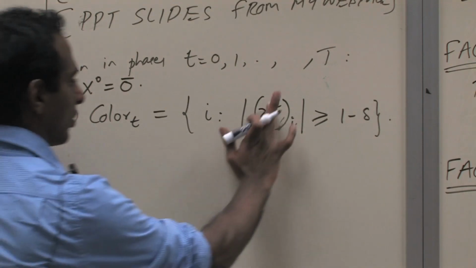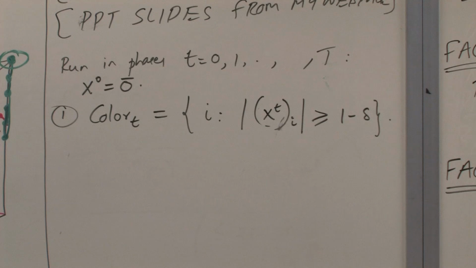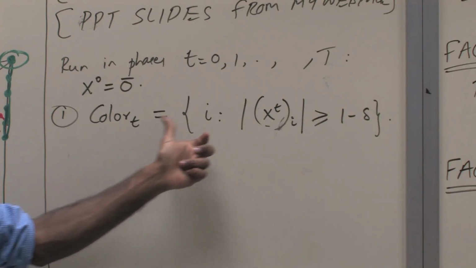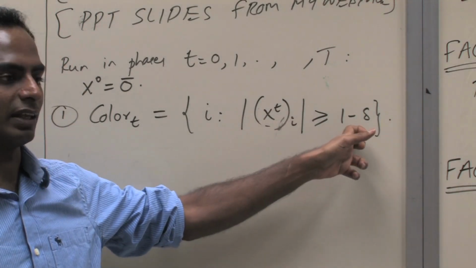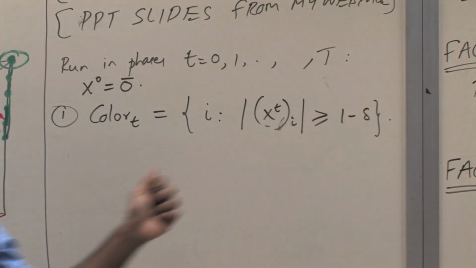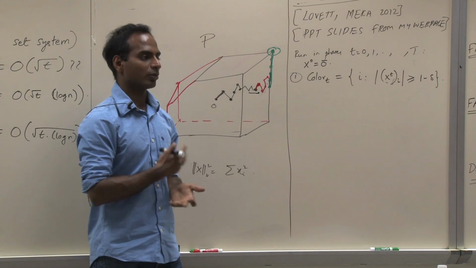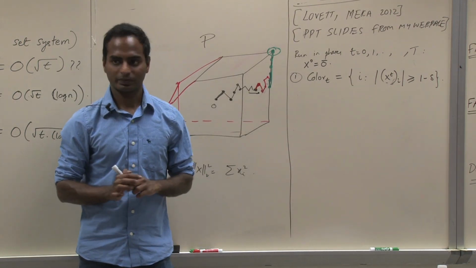You start with the all zeros vector, and let color T denote the set of all i such that xti is at least 1 minus delta in absolute value. So think of delta as this tiny wiggle room that you have near each boundary. Delta is 1 over poly n, 1 over n squared, 1 over n cubed, anything you want.